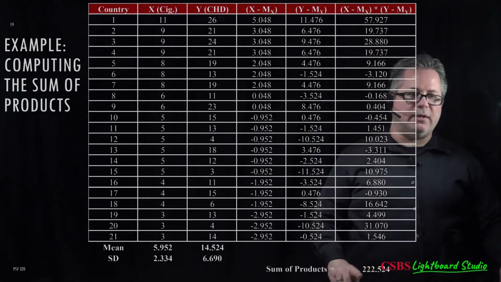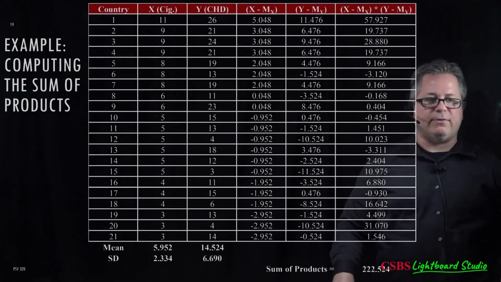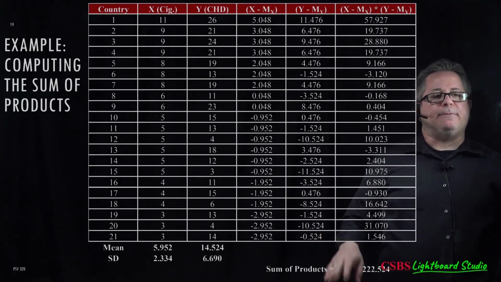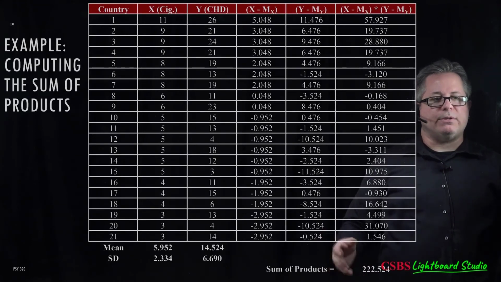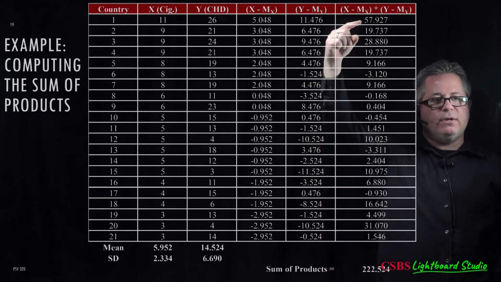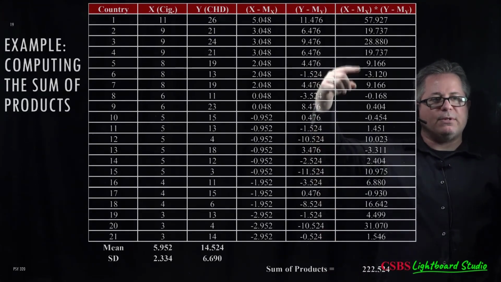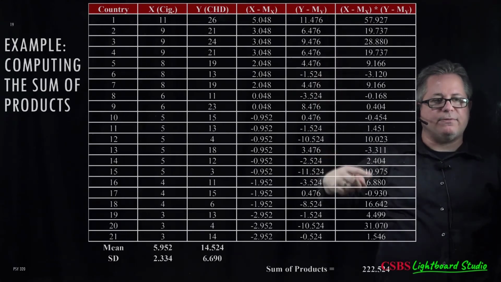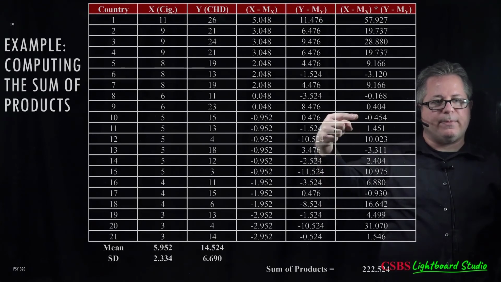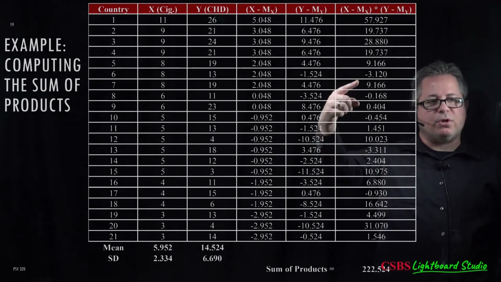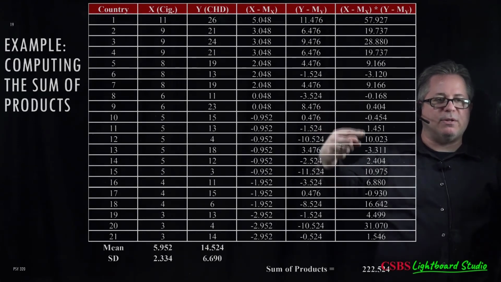Before we even get to the sum down here, 222.524, what do you notice? Most of the numbers, especially the very large numbers, are all positive. There are some negatives, but all the negatives are relatively small because these are countries where they're both very close to the mean on x and y.